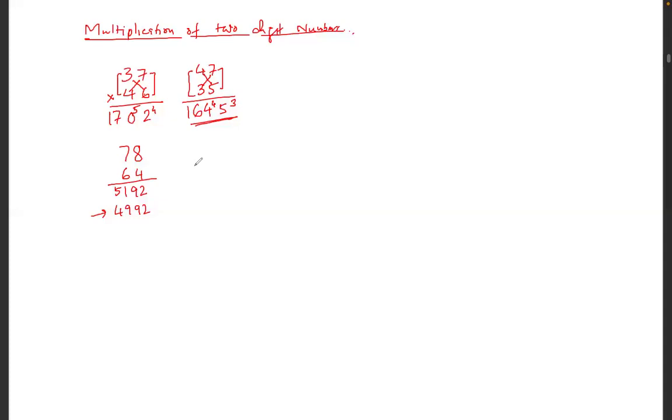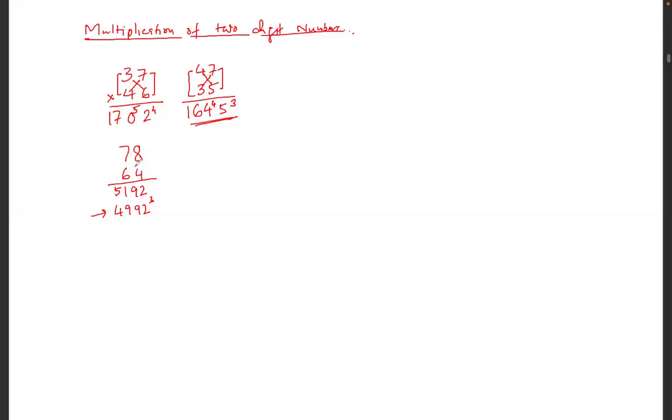What is the answer? Okay. 8 fours are 32. So write 2, carry 3. Now 8 sixes are 48, 7 fours are 28.